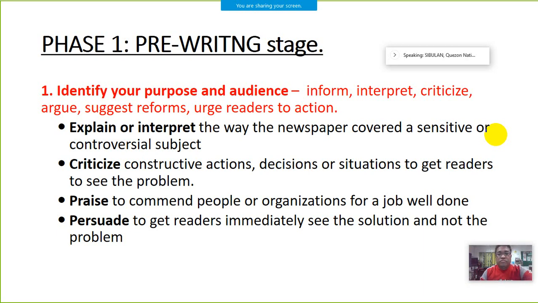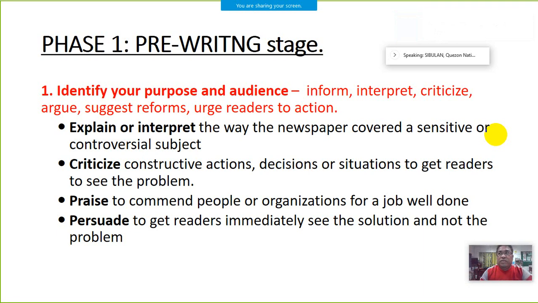Now, when do we have to write the informative editorial? So, by experience, we used to write the editorial of information if there is a policy which is not yet known by the majority of people.